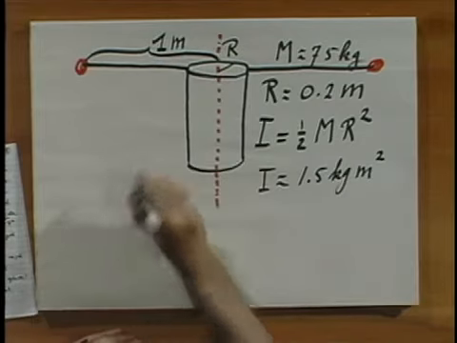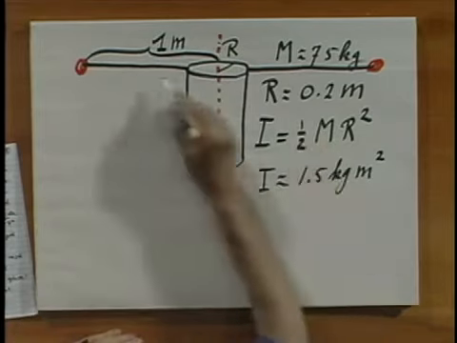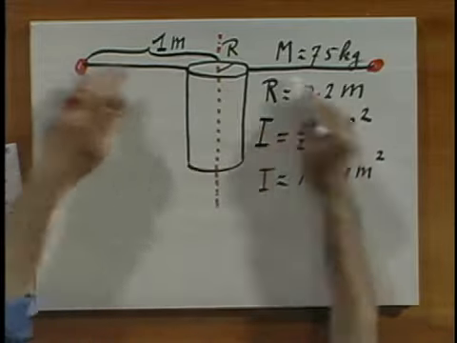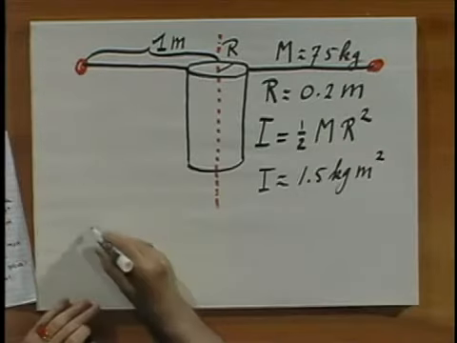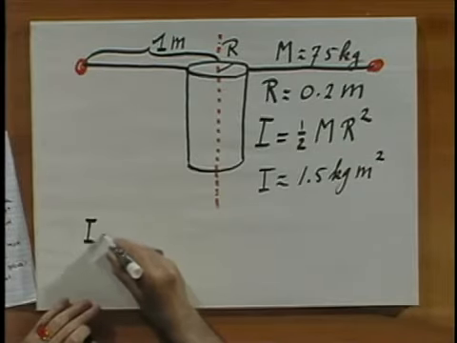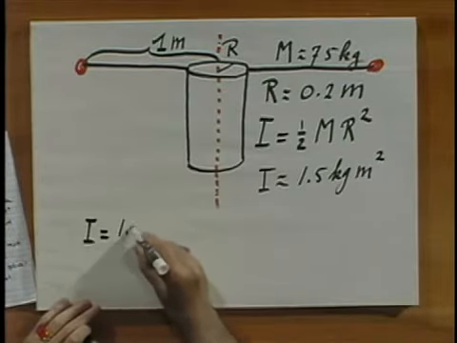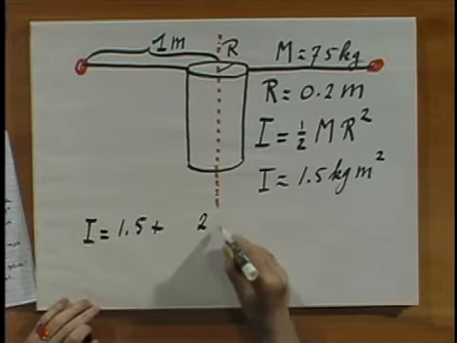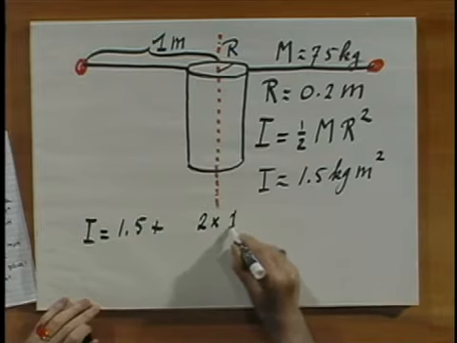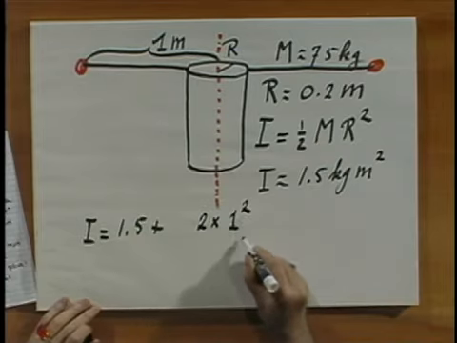So the moment of inertia with the arms stretched, the cylinder plus a weight here and a weight here, is the 1.5 plus the 2 kilograms multiplied by the distance 1 meter squared.